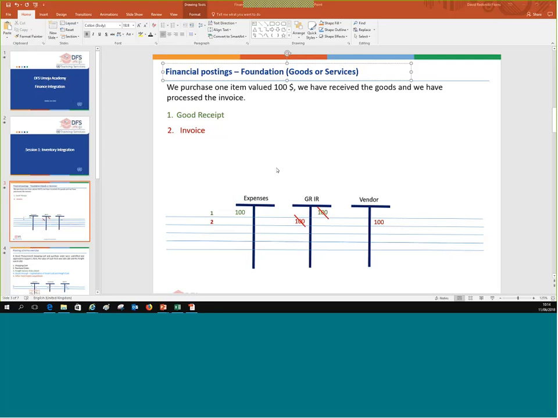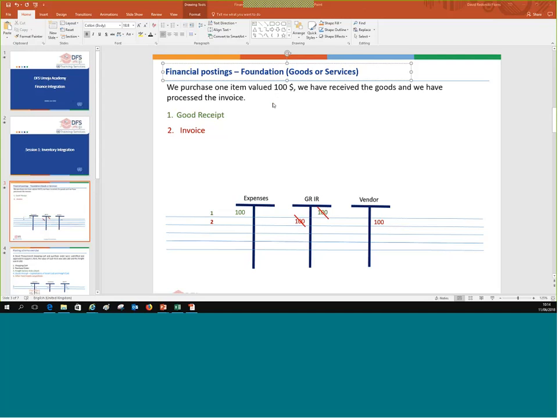Now, what you need to keep in mind is that this was applying to either goods or services, and this is still 100% valid for services.